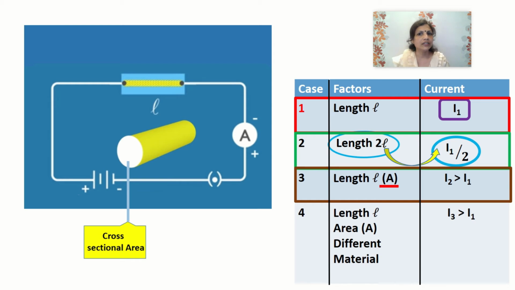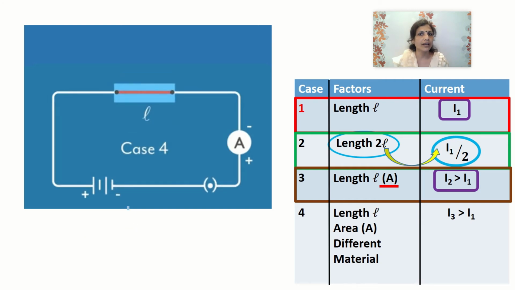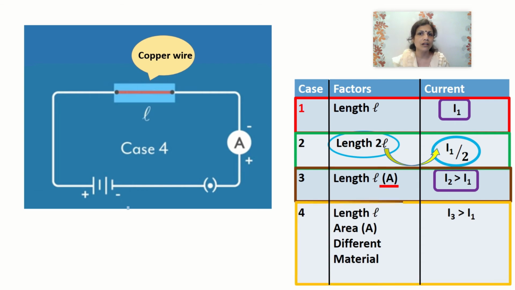Now we'll consider the fourth case. In the fourth case, we are replacing the wire with another material. We are now taking a copper wire. The length of the copper wire is the same, L, and the cross-section of the copper wire is also the same. We are not increasing the cross-section of the wire.